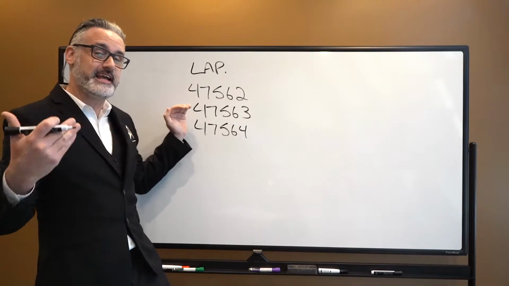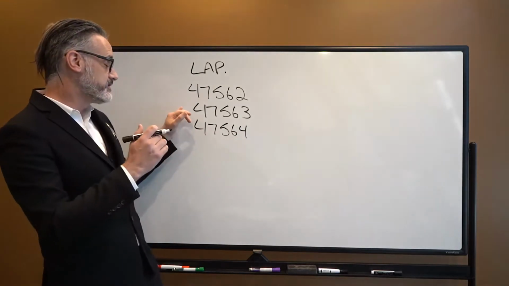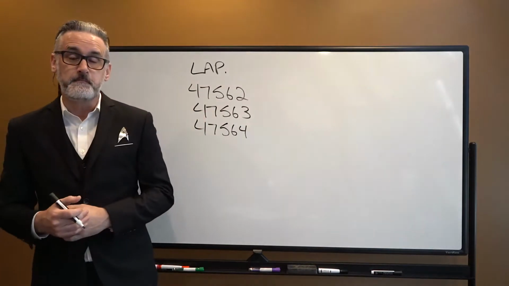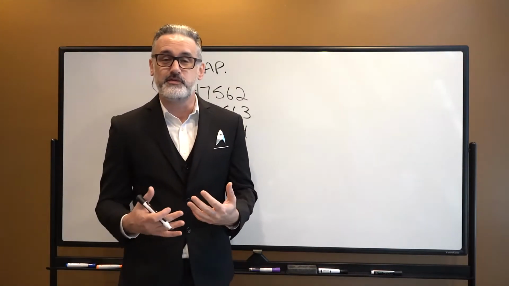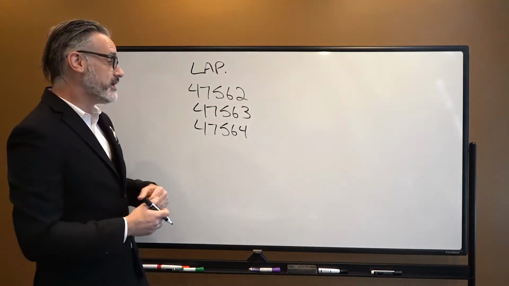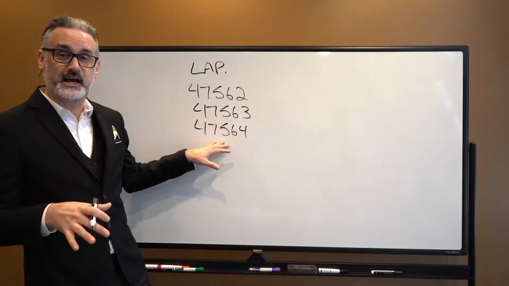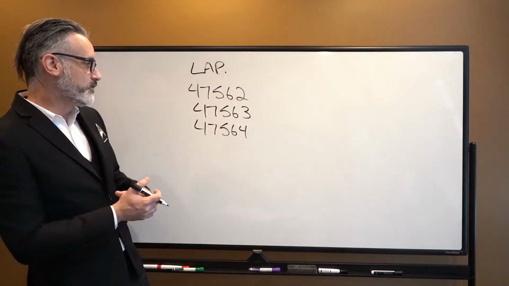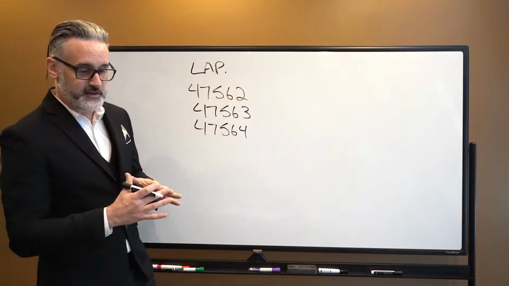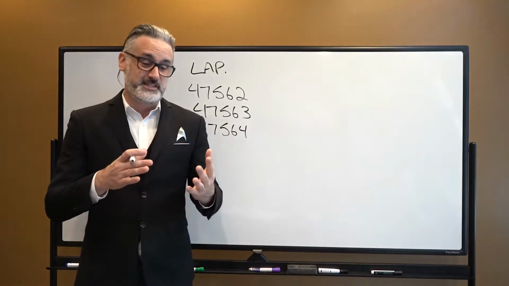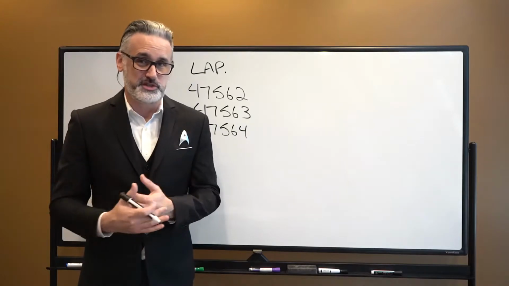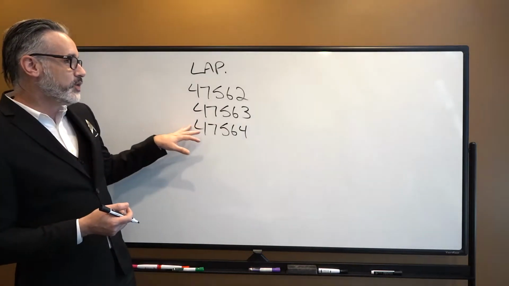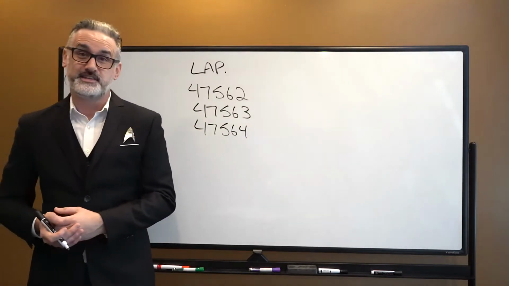But if they do that and also do the cholangiography, so they do the imaging of it, 47563. If they do the cholecystectomy, removing the gallbladder, and go a little bit farther while they're there and explore the common bile duct, then exploring the common duct is included in that 47564. So as far as laparoscopic, it all depends on if they just remove the gallbladder and that's it, or do those two other things: the cholangiography, 47563, or explore the common duct, 47564.